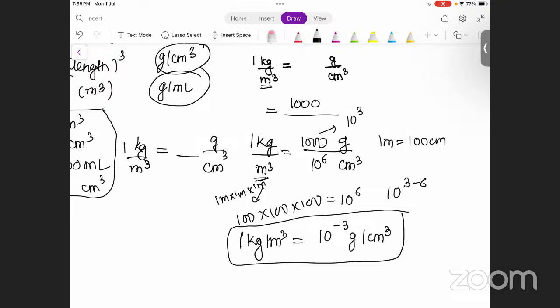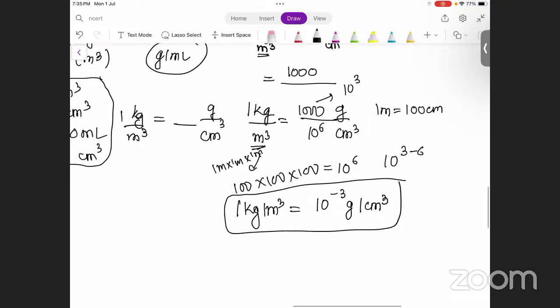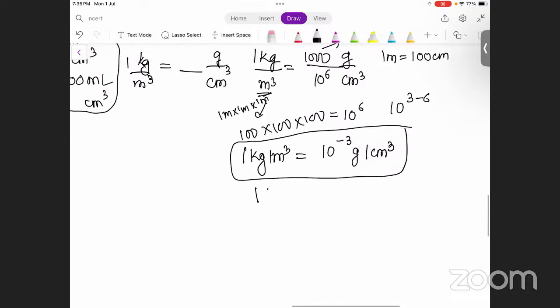And here, as you can see, what was the process? How did we go from 1 kg per meter cube to gram per centimeter cube? If this is clear, then the other thing that I have asked you, what is the relationship between 1 kg and milligram? Yes, now this will be answered by Deepika.